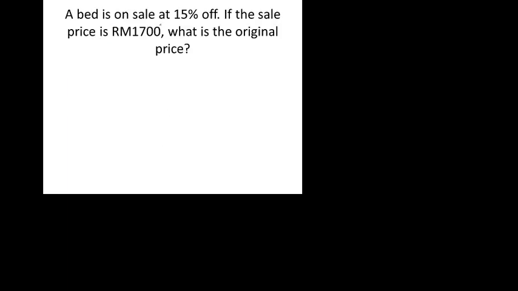Next, a bed is on sale for 15% off, and the sale price is 1,700. What is the original price? Now this one is a different way of doing this. They tell you the sales price already, and then they tell you the discount.